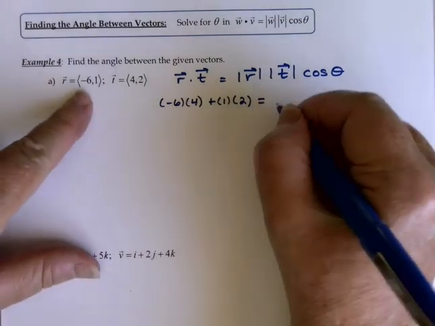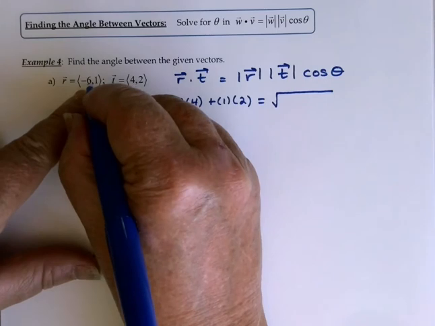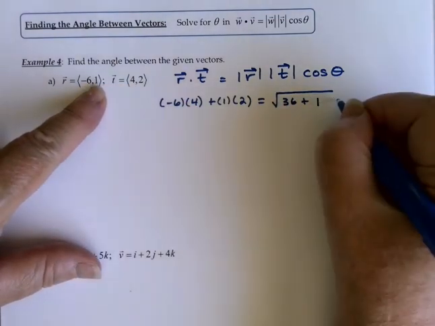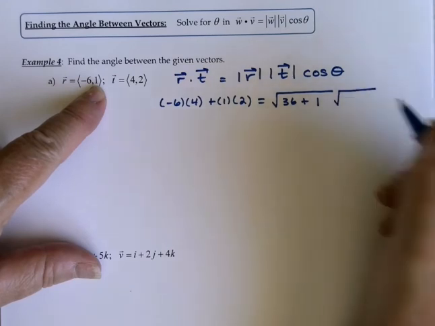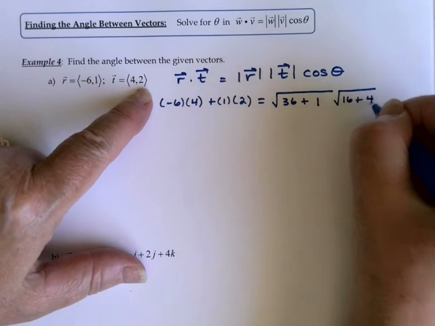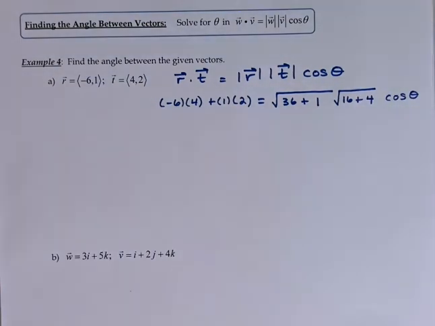The magnitude of r, square root of, I'm just going to square these in my head, 36 plus 1, times the magnitude of t, square root of 16 plus 4, times the cosine of theta.